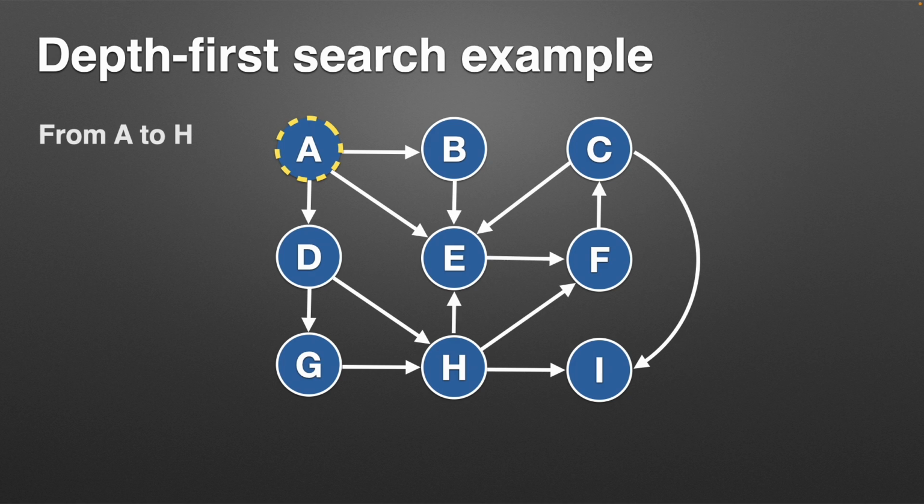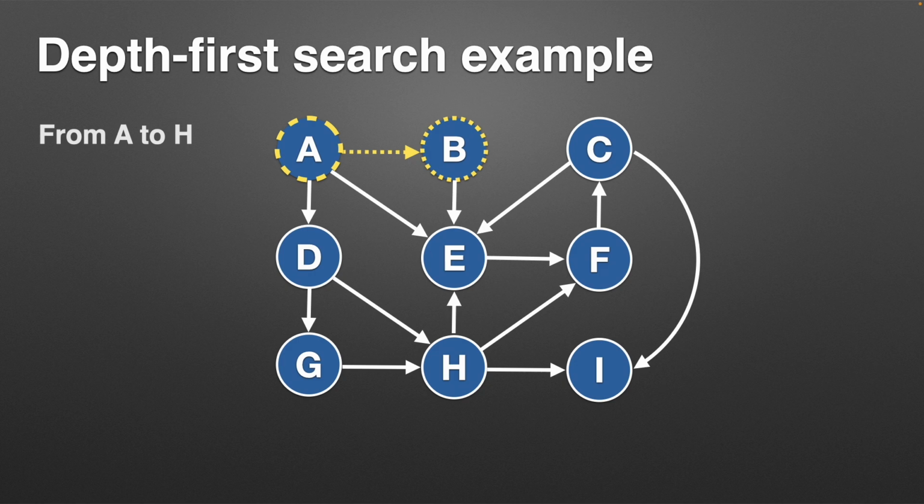The neighbors of A are B, D, and E. Since B is first in the alphabet, we go with it. And so we move to B. Then, since we're doing this in depth, we ask, for B, what neighbors does it have that we can get to?